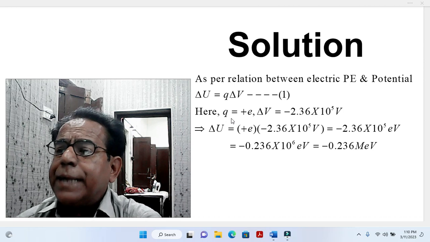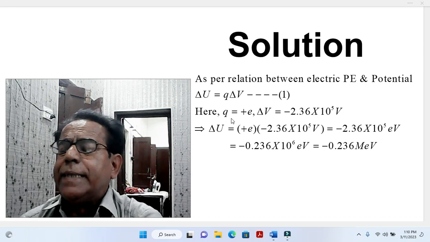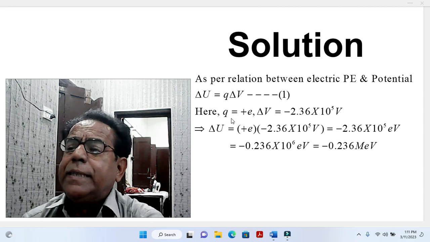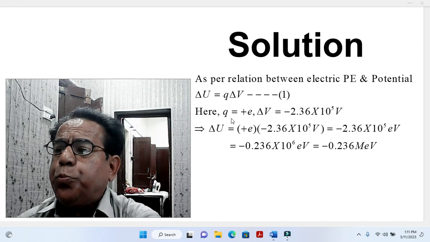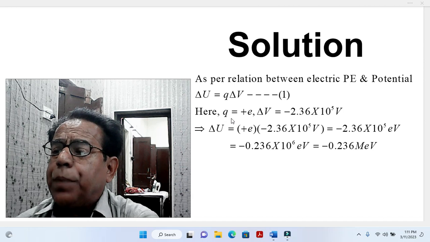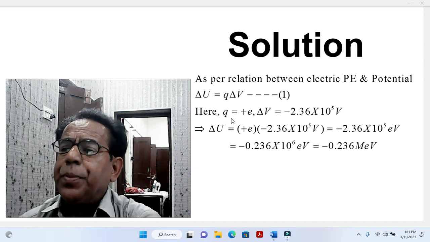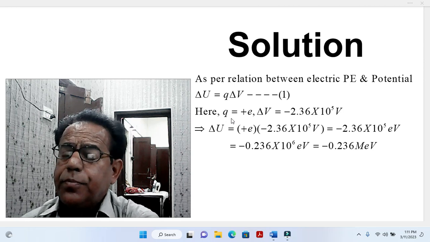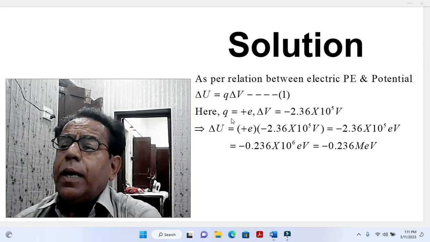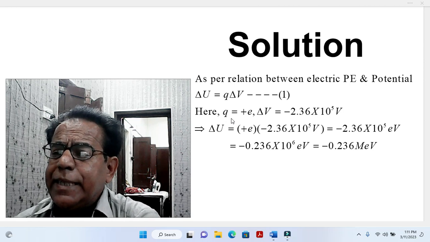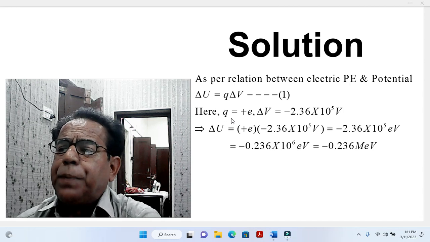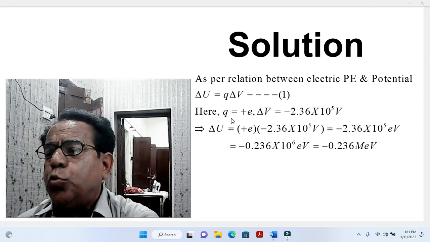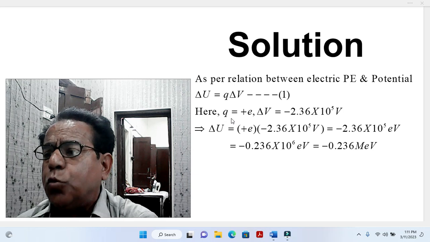Moreover, ΔV, the change in potential, is already given in the statement, which is minus 2.36 × 10^5 volt. Putting these two values in equation number 1, we get ΔU equal to plus e in place of Q, and in place of ΔV we use minus 2.36 × 10^5 volt.